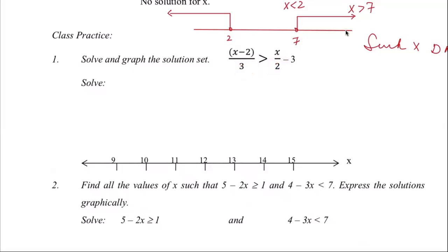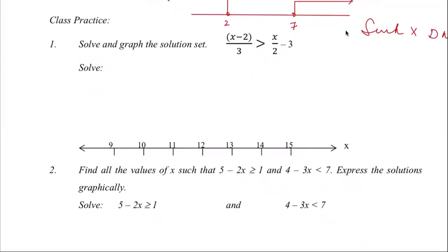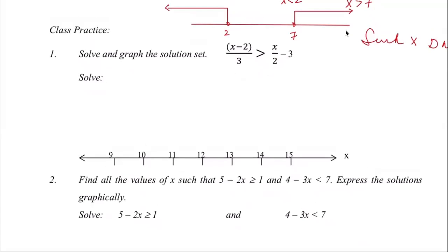So in order to get rid of the denominators, I need to multiply both sides by their least common multiple. So let's do this step by step. The first step, I'm going to multiply 6 to both sides.